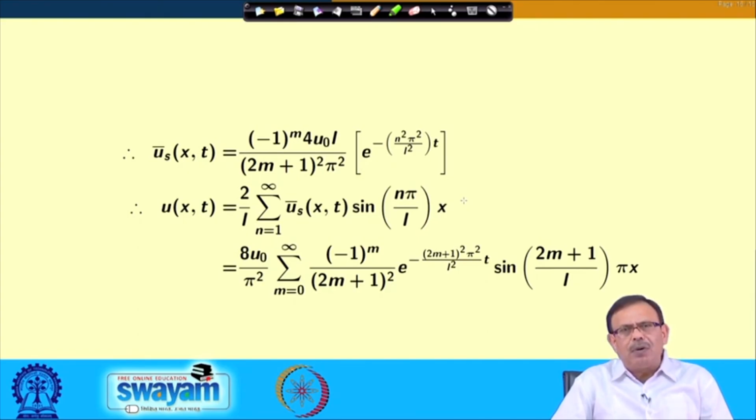Once you know u bar s or u bar c, that is the finite Fourier sine or cosine transform of the function, using the inversion formula you can always find u x t. So, by this way I can use the finite Fourier sine or cosine transform for solving boundary value problems where the variables are provided in a finite range.